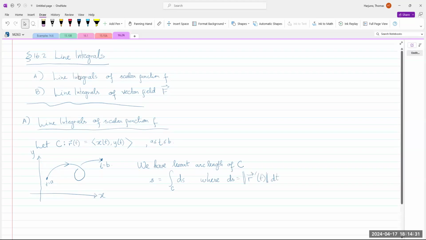In other words, the arc length we had before is the integral from a to b of the magnitude of r prime of t dt.